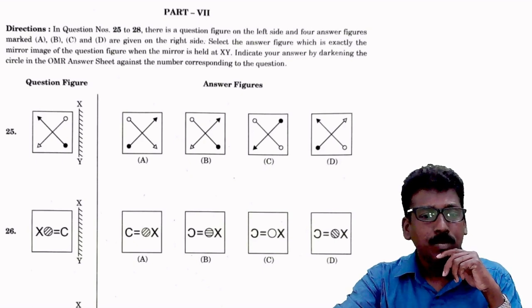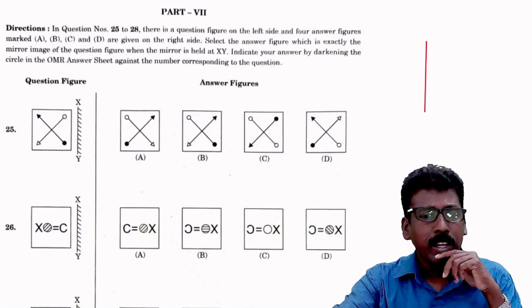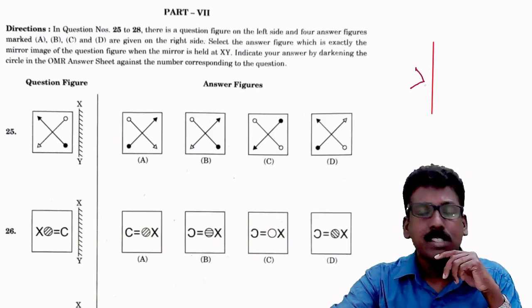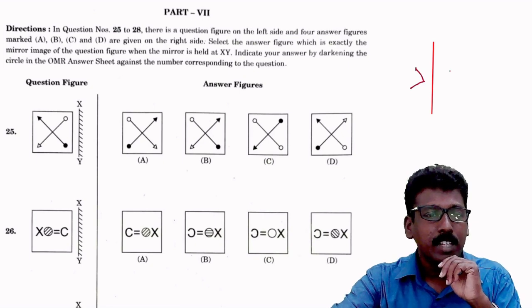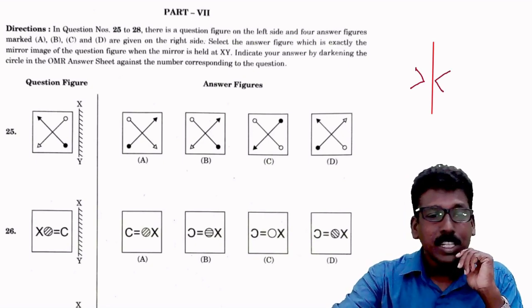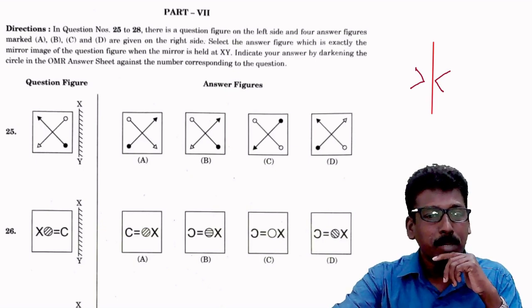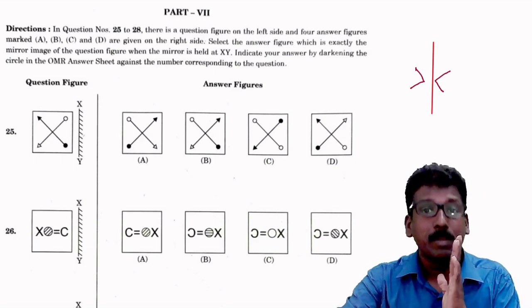Now you can see, if you keep a mirror and draw a figure like this, what will its image look like? Yes, it will be in this way. Here in each question figure a mirror is there. Now you have to find out the mirror image.